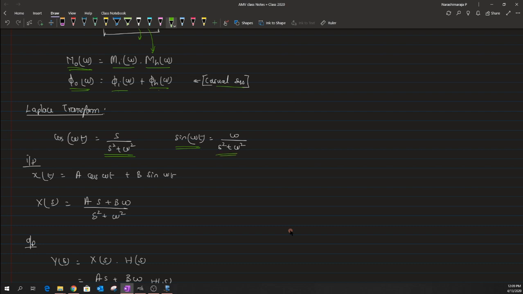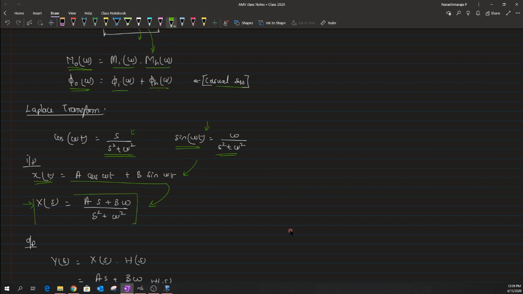Both these quantities can be combined to create this signal x of t, and this input signal can be translated into the frequency domain just by substituting these appropriate quantities into this particular signal.